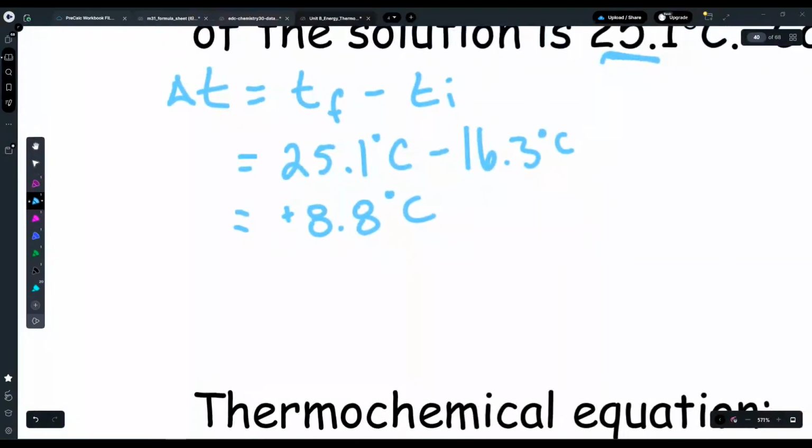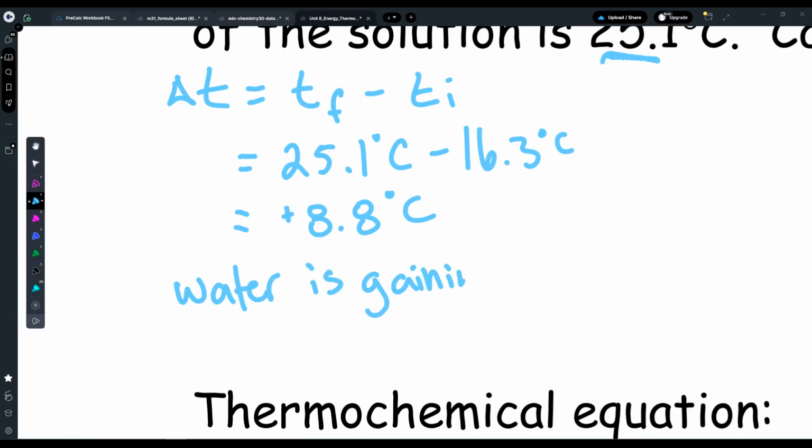We know that because water gained energy, or increased in temperature. If your surroundings, such as water, gain energy, that's an exothermic process. If your surroundings lose energy, then it's an endothermic process.